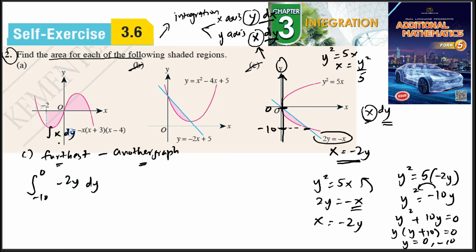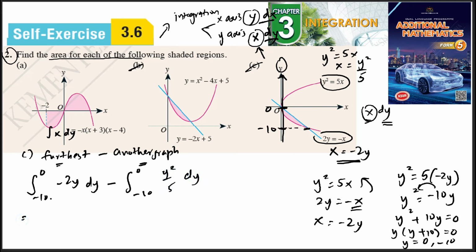And actually you can do y dx, the same thing, but you have to find the points on the x-axis. Then minus another graph, also negative 10 to 0, which is the below one, where x is y square over 5. So this one is y square over 5 dy.